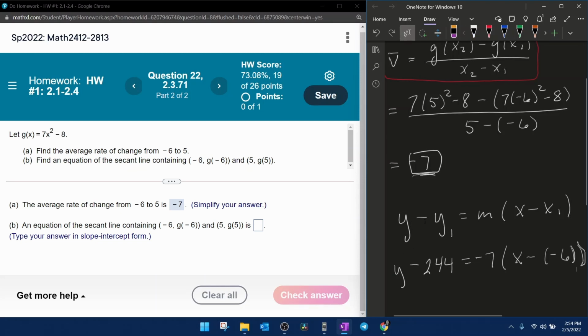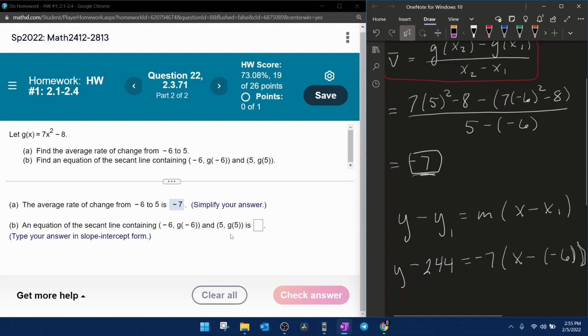We're using the point slope form of an equation where x1 and y1 would represent this ordered pair. x1 is -6. y1 is the function value at -6, which we calculated to be 244.